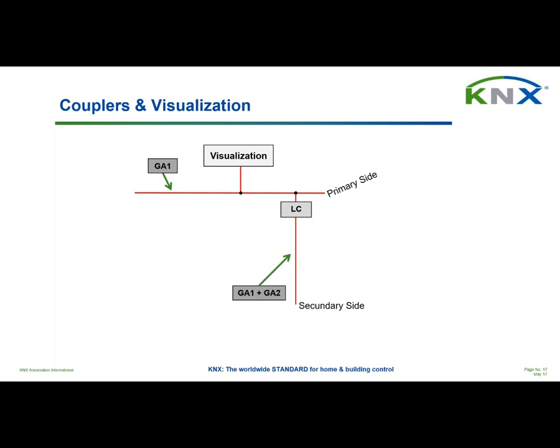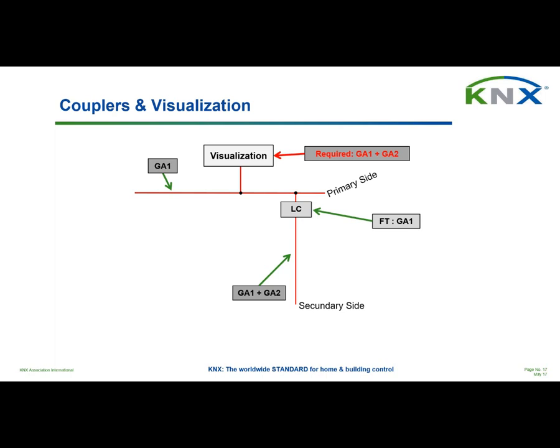However, the problem comes if we have this situation. A simplified example, of course. Group address 1 is on both the primary side and the secondary side, but group address 2 is only on the secondary side. You can already guess what the problem is here. If I want to also visualize group address 2, what can I do?